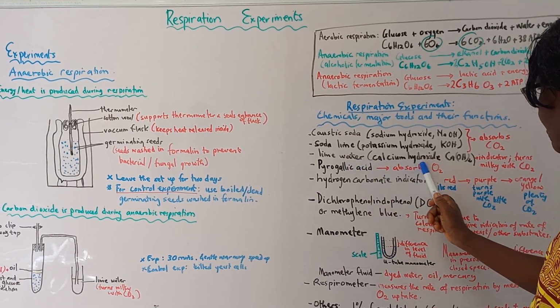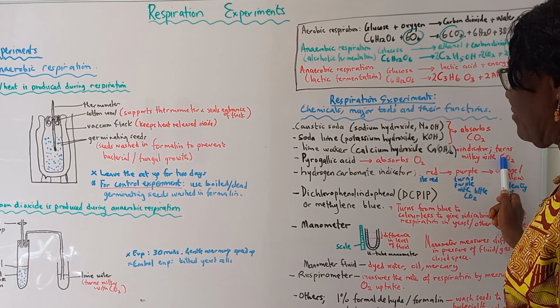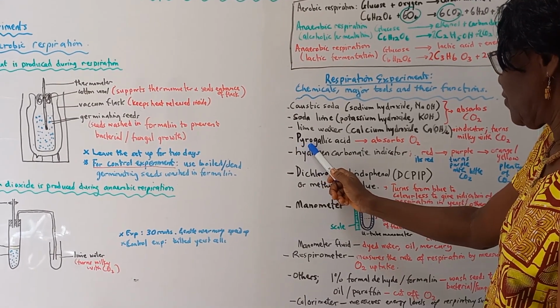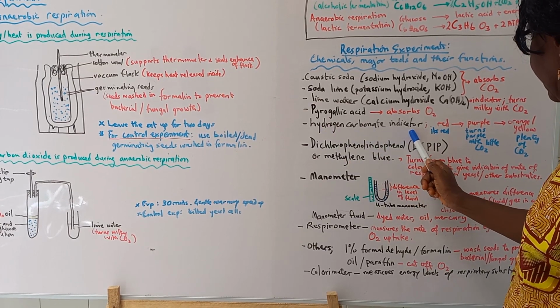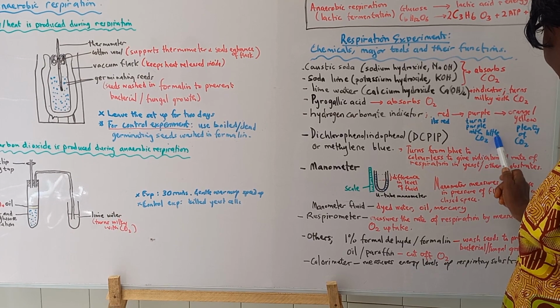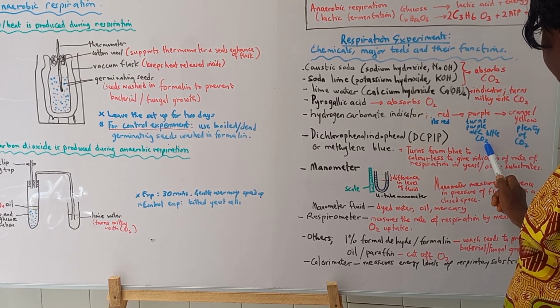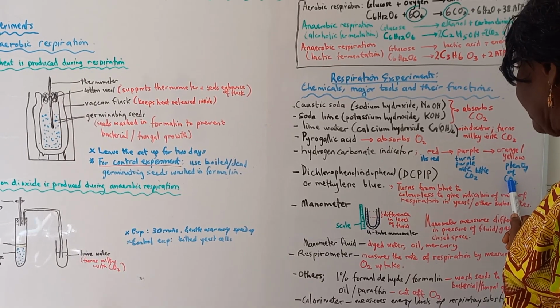Lime water, calcium hydroxide, is an indicator that turns milky when carbon dioxide is present. Pyrogallic acid absorbs oxygen. Hydrogen carbonate indicator is red, it turns purple when there's very little carbon dioxide around, and it turns orange or yellow when there's plenty of carbon dioxide around.